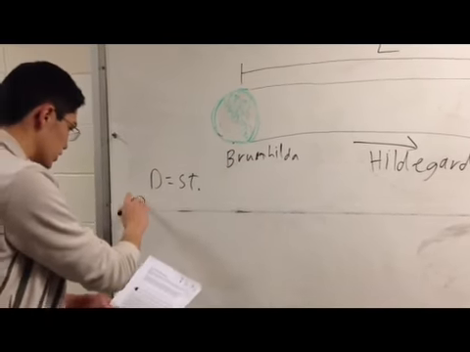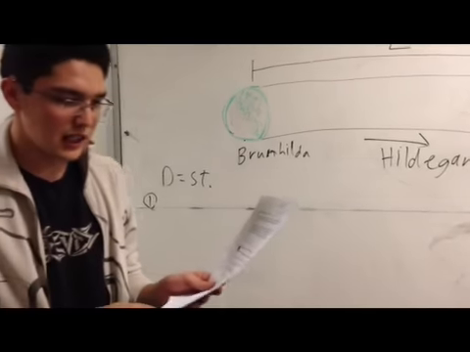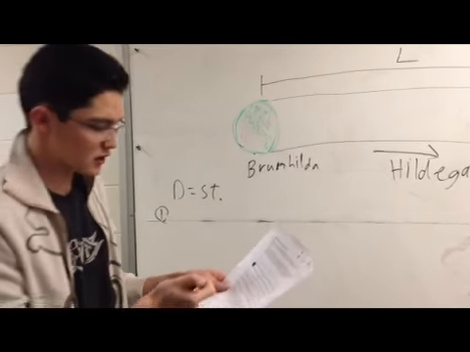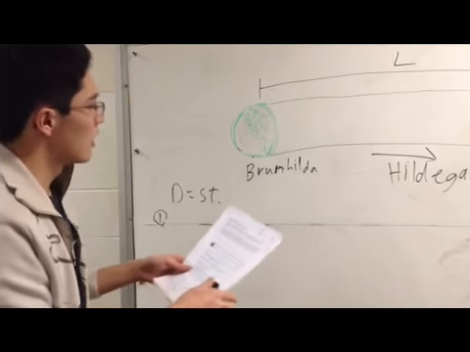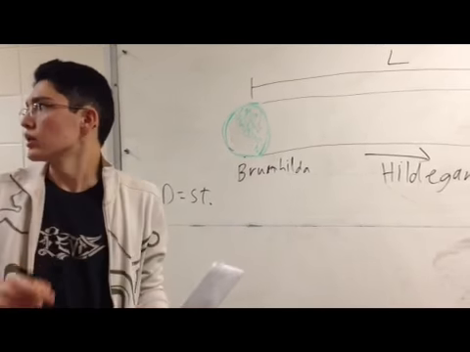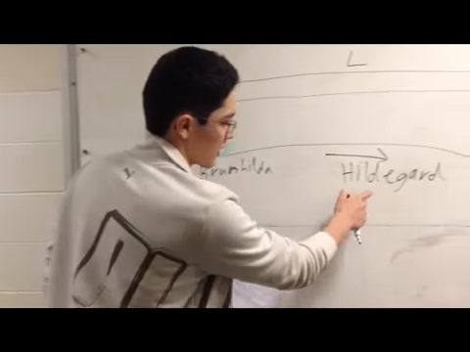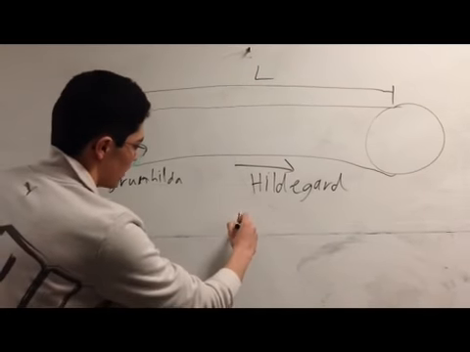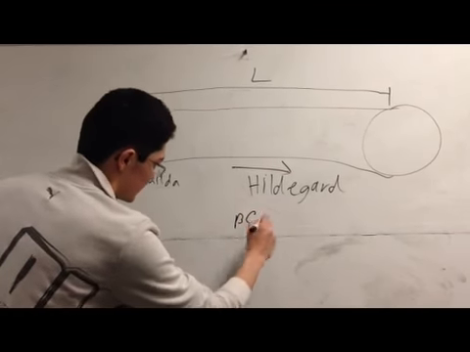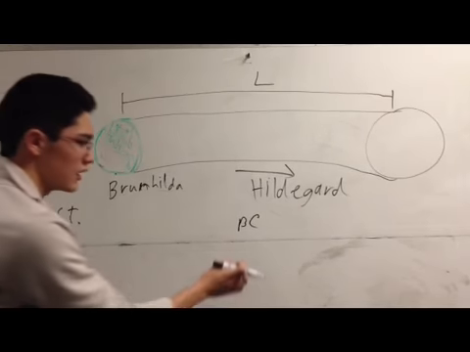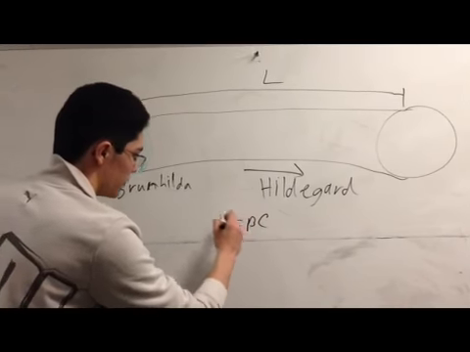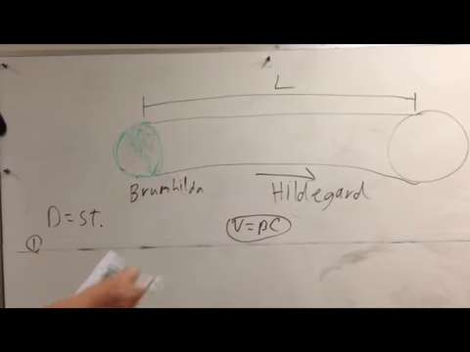The first question asks, what's the time t that passes for Brunhilde if the distance to the star is L? Another given is that Hildegard's speed is beta c. c is the speed of light and beta is the fraction. So Hildegard moves with a speed of beta c, and that's also given.